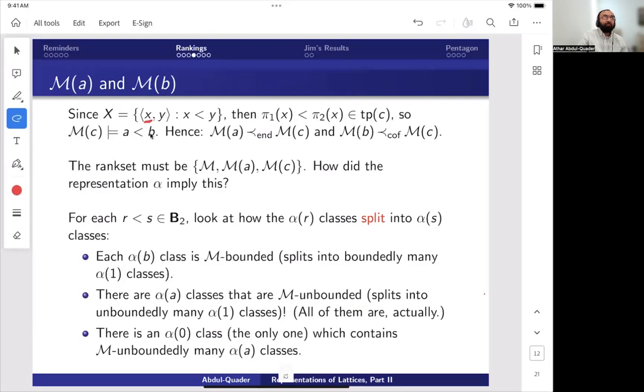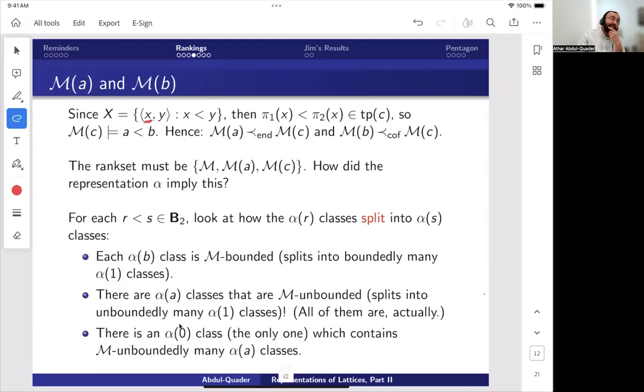So this idea of an alpha of B class splitting into M-boundedly many alpha of 1 classes is telling us something about this being a cofinal extension, and an alpha of A class splitting into infinitely many alpha of 1 classes is saying something about the extension M_A to M_C being an end extension.